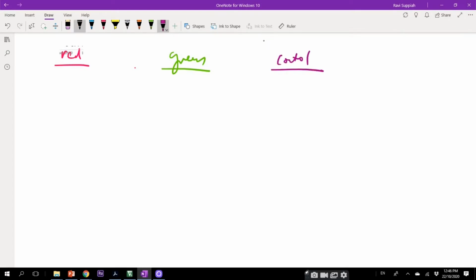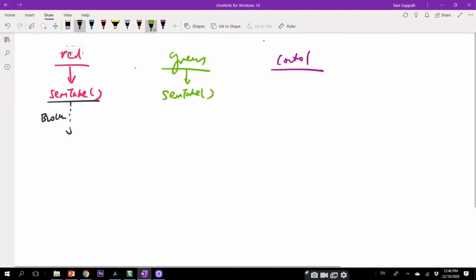Since the red thread runs first, it will try to do the SEM take, or SEM acquire, and since it cannot take the semaphore, the initial value being 0, it will go to a block state. Similarly, the green thread will run since that is the next thread that was created. It will also try to do a SEM take, and again it is not available, so it will go to a block state, and both of these are blocked.